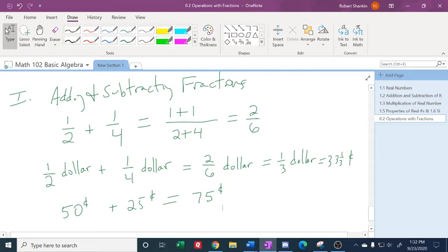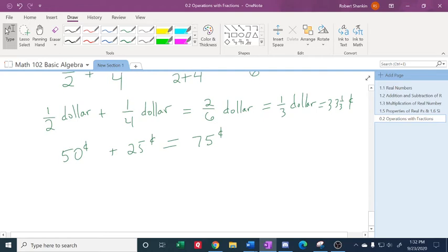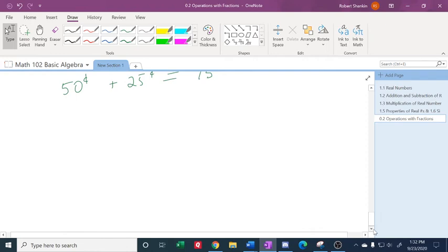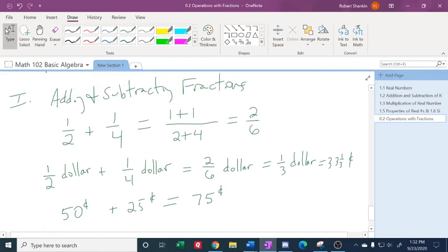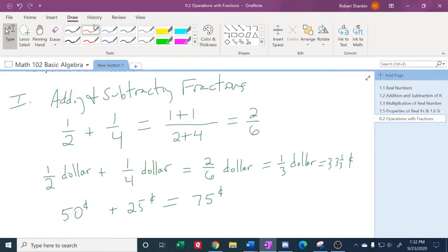We added a positive to 1/2, and we got something smaller than 1/2. All right. Now, this is with money. This doesn't make sense.